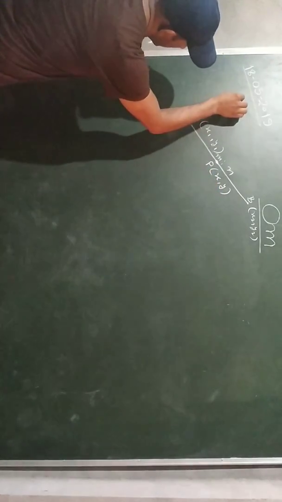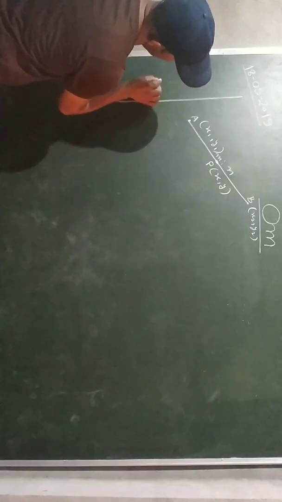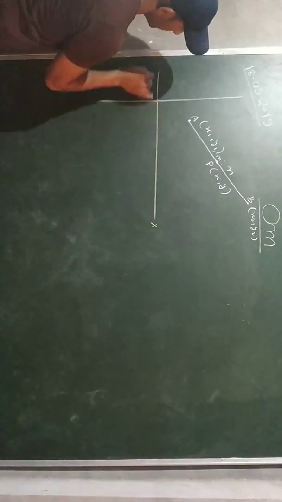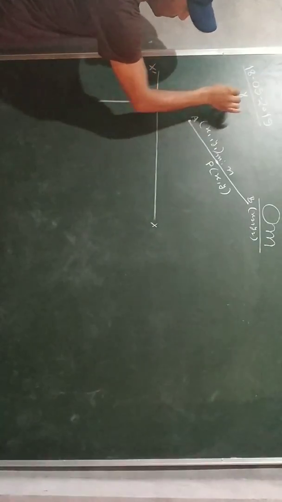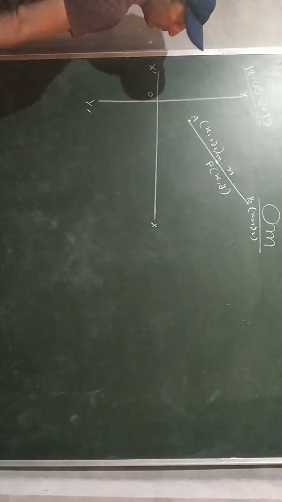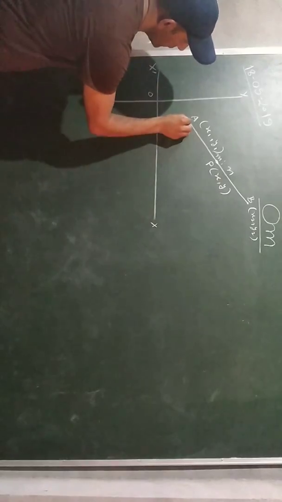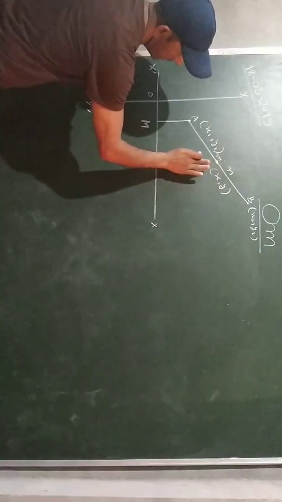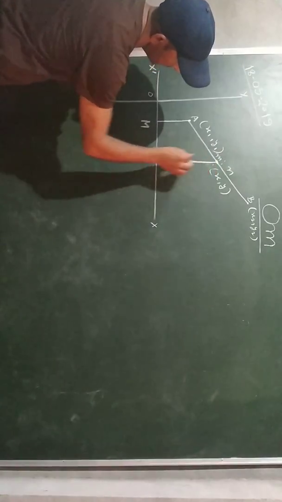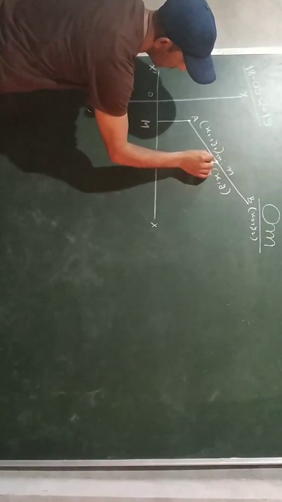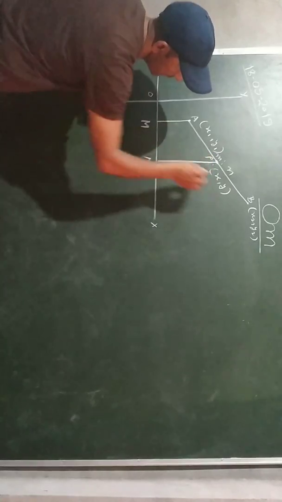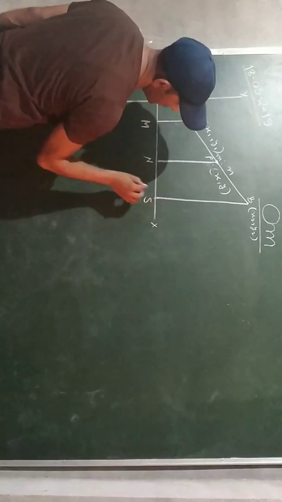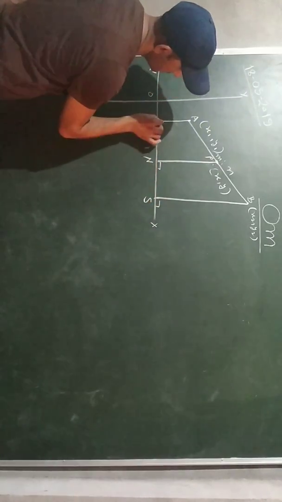Let me take this line segment AB in the coordinate plane XOX', YOY'. Let us draw AM perpendicular on the x-axis, PN also perpendicular on the x-axis, and BS also perpendicular on the x-axis.